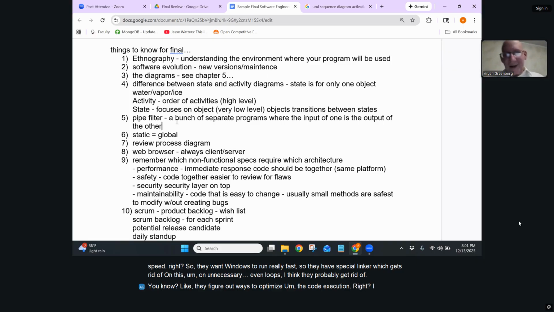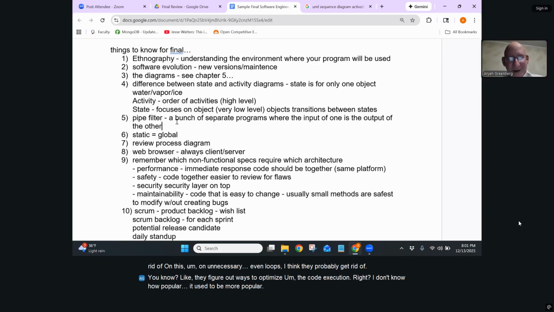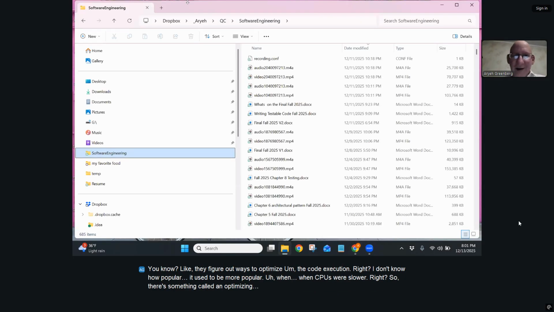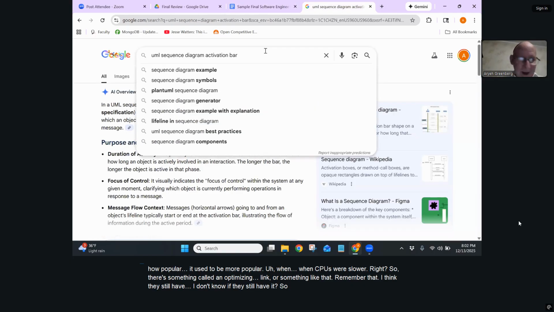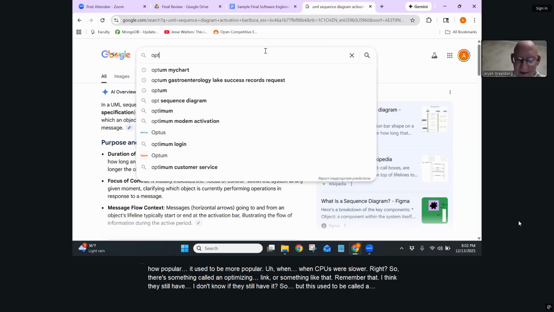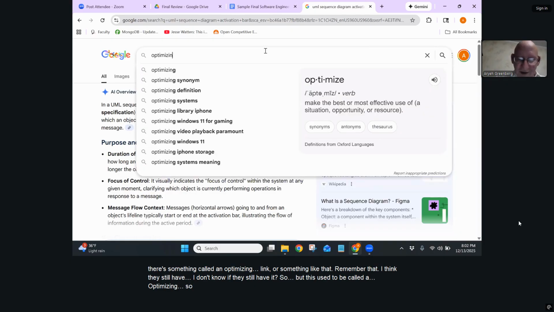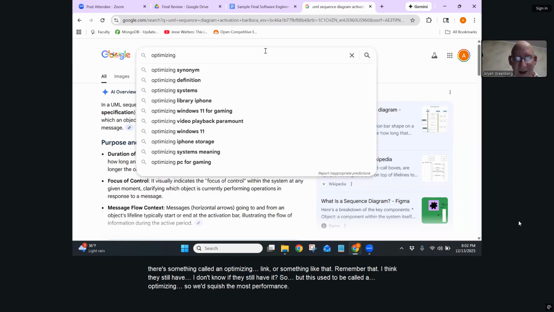It used to be more popular when CPUs were slower, right? There's something called an optimizing linker or something like that, which would squish out the most performance.